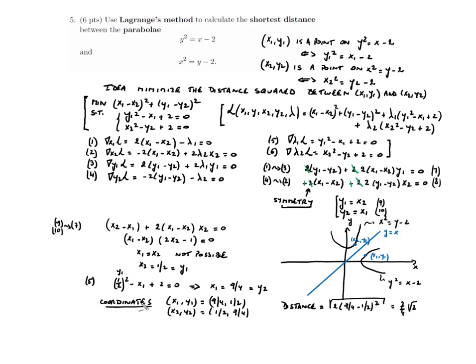So we have the coordinates of the points x1 y1, x2 y2. So what we can do is inject this in this one, but we have to take the square root now because we speak of shortest distance, not shortest distance squared. So what we'll have is this term, but this term will be exactly the same.